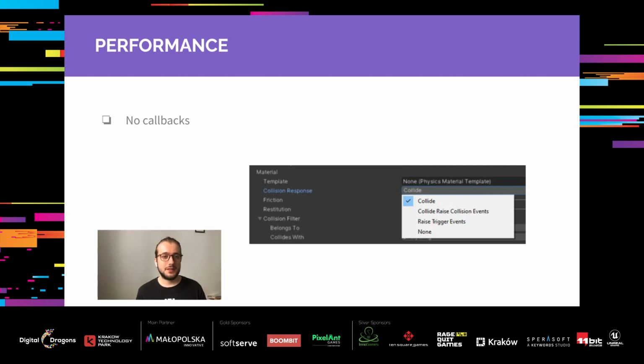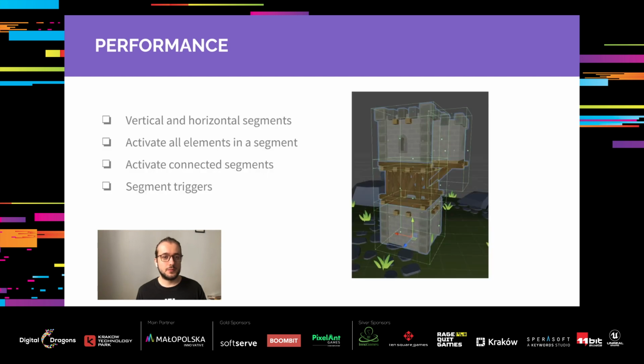Because in the end, what was most important was to reduce the number of active bodies in the scene, because we wanted to have bigger structures, bigger castles, more towers and walls.